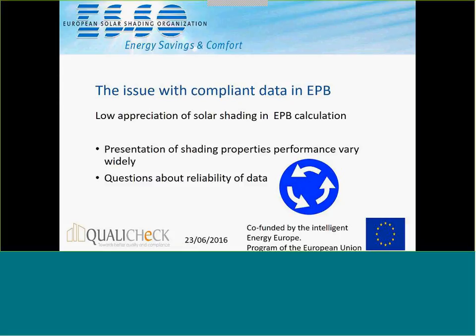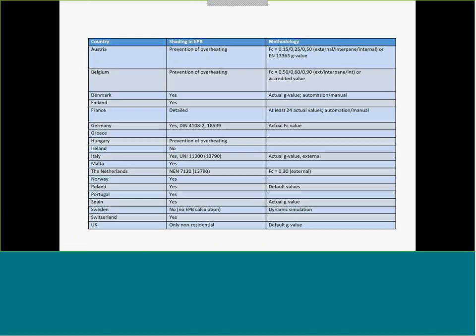What is the issue with the compliance data of shading in EPB? We see a lot of innovation on the market with shading, but still there is a low appreciation of solar shading in the EPB calculation. We see that the presentation of shading properties and performance varies widely and that there are questions about the reliability of data.